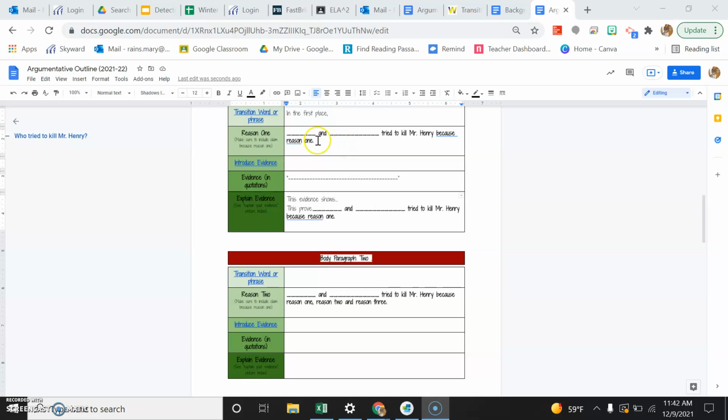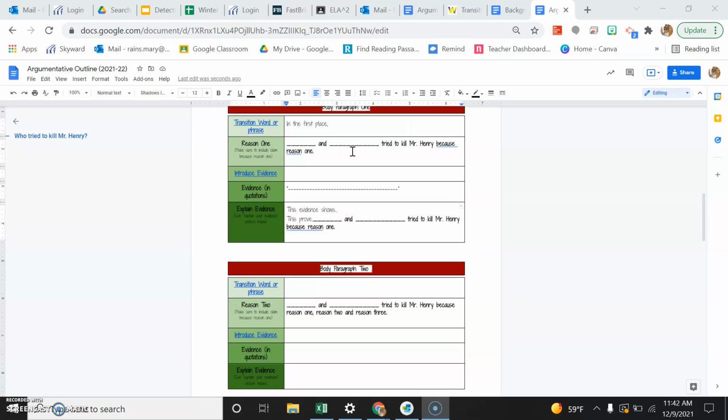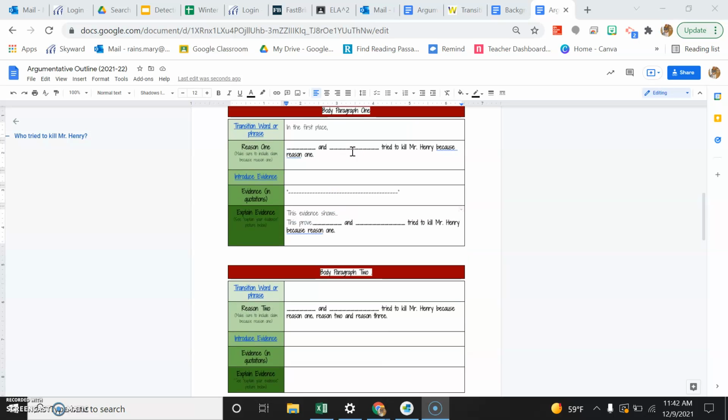After you guys have your topic sentence or the reason, the claim because your reason, and you have the evidence that goes with that reason, and then you've also explained it, the rest is really just filling in the blanks to make it easier on the reader and not the writer.